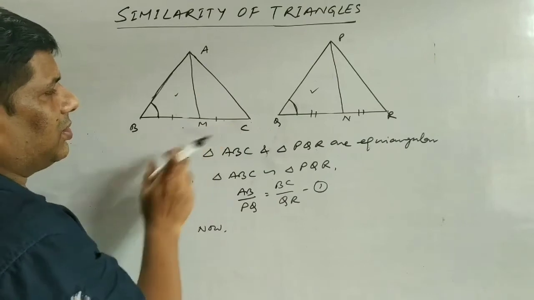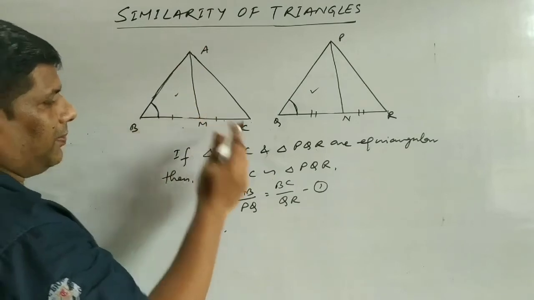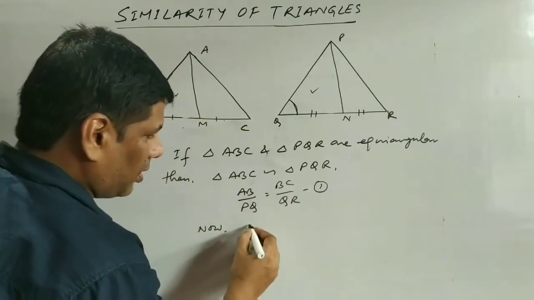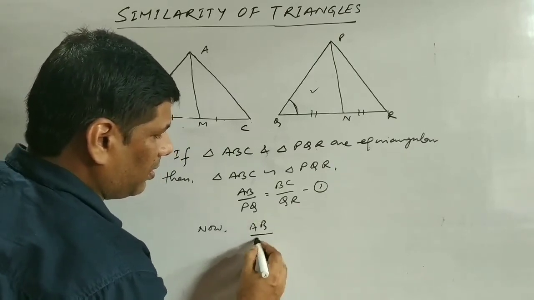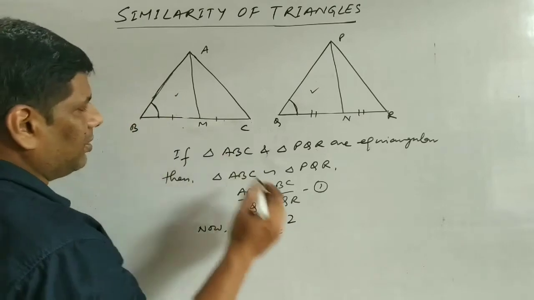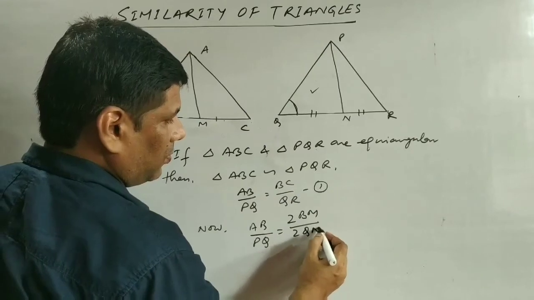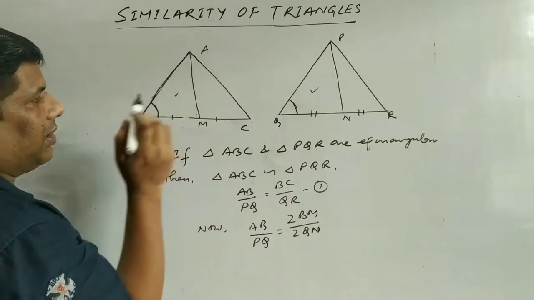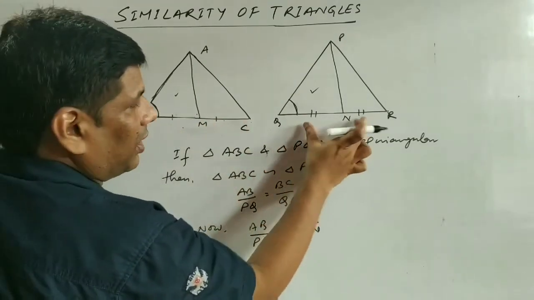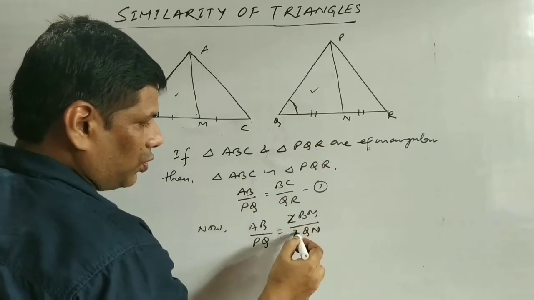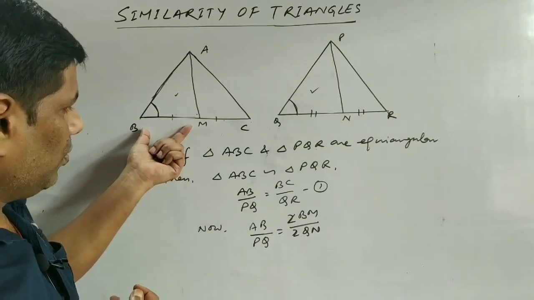So if AB by PQ and BC by QR are equal, this can also be written as AB by PQ equals twice BM by twice QN. Why? Because this AM is the median, then this is equal to this. So BC can be written as twice BM and QR can be written as twice QN. So 2 and 2 will be cancelled. So what is left here? AB by PQ equals BM by QN.